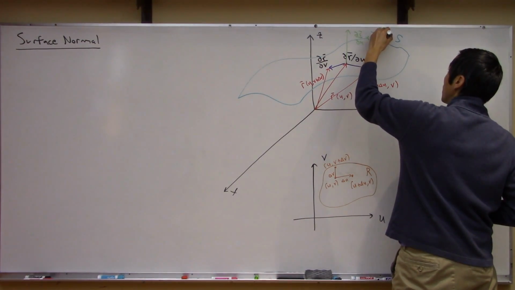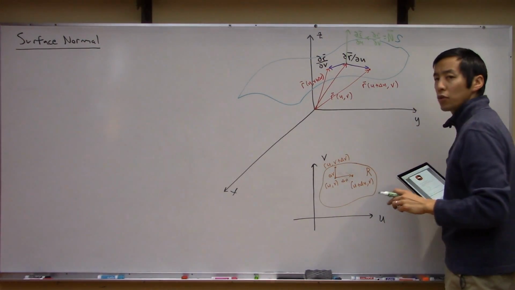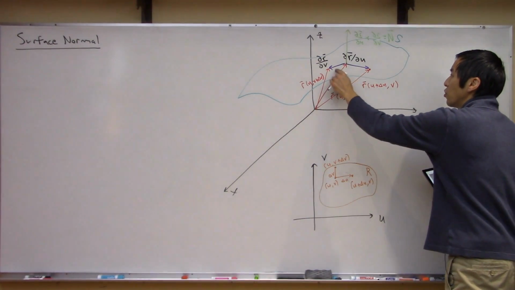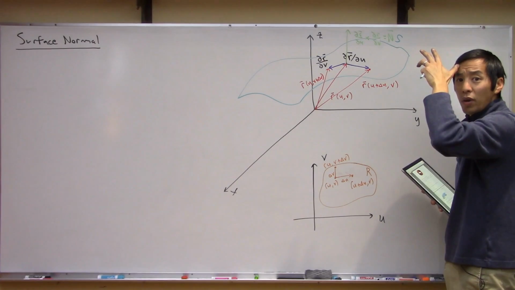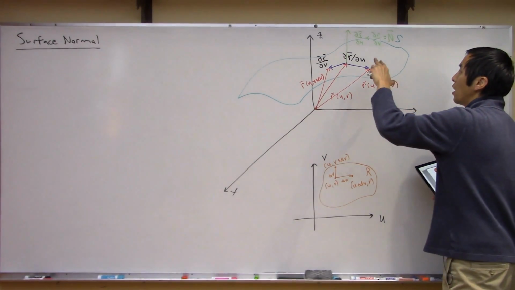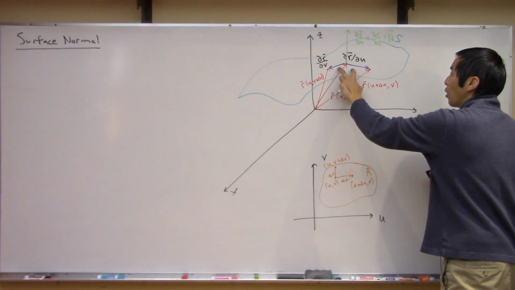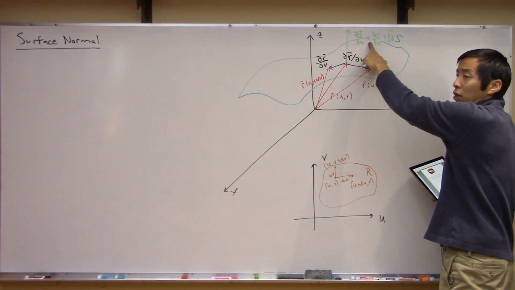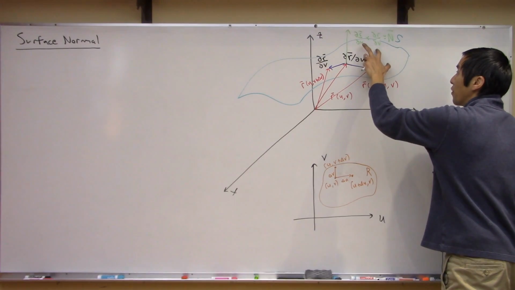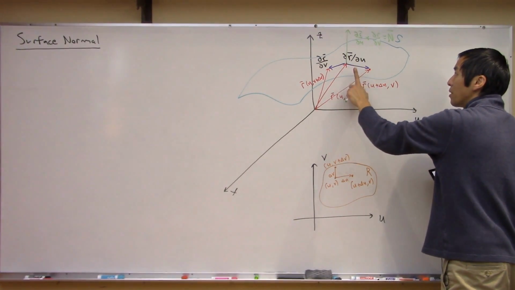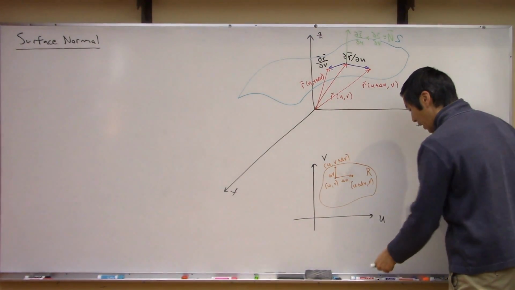This is going to be a normal vector to the surface, because you're crossing two lines which are tangent to the surface. The cross product gives you a vector perpendicular to both of them, so the only way that happens is if this vector is normal to the plane.